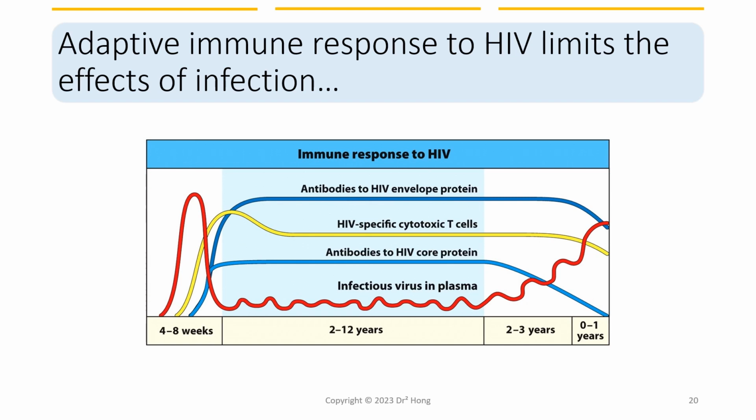The virus is kept at a low level but is not eliminated. When the destruction of CD4 T cells outstrips their rate of renewal, adaptive immunity gradually collapses and virus levels increase again.